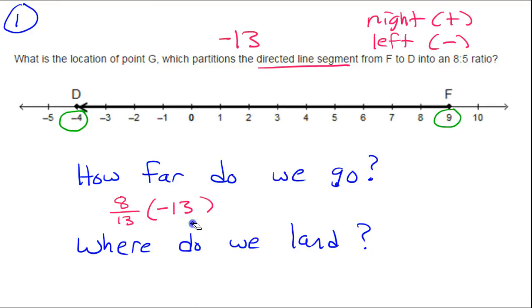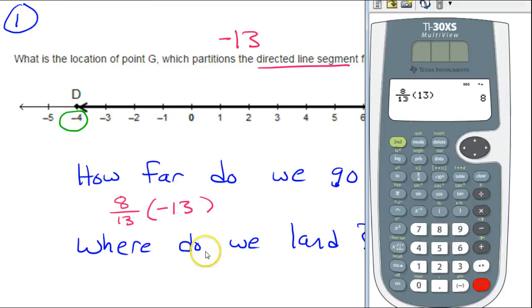Okay, so if we do 8/13 of negative 13, let me put the negative in there. All right, so 8/13 of negative 13 is negative 8.